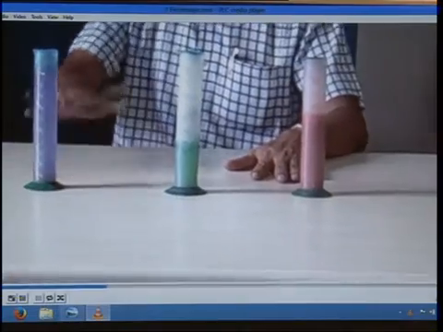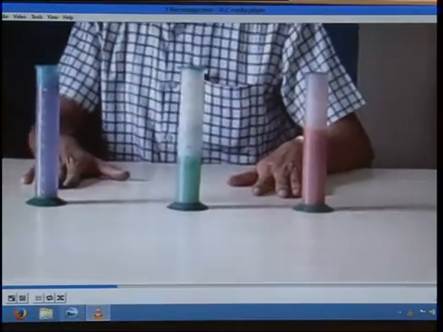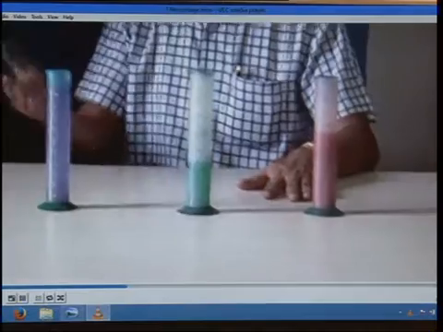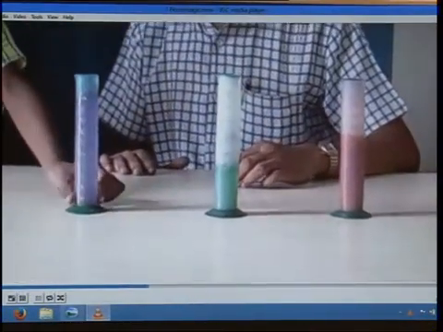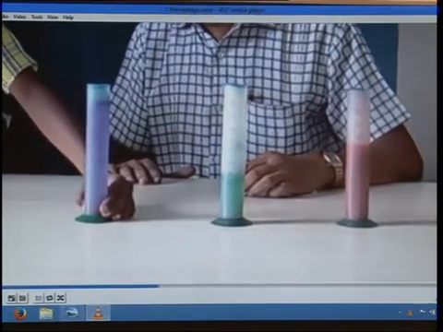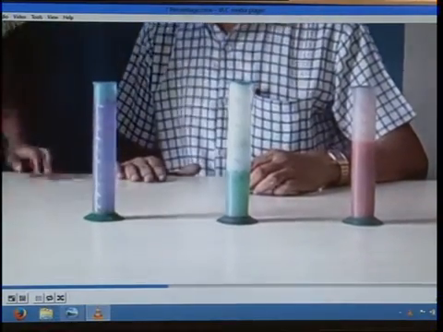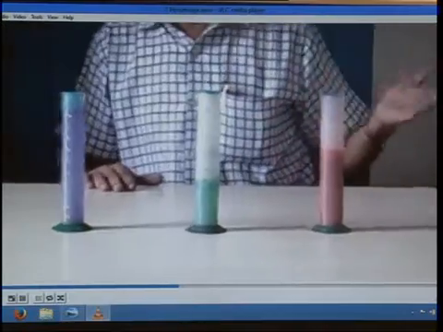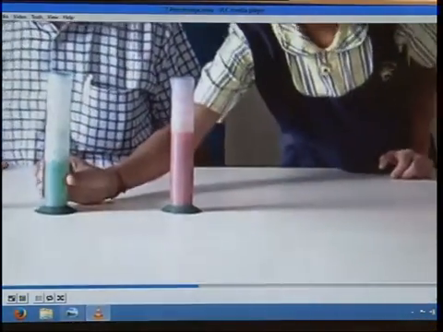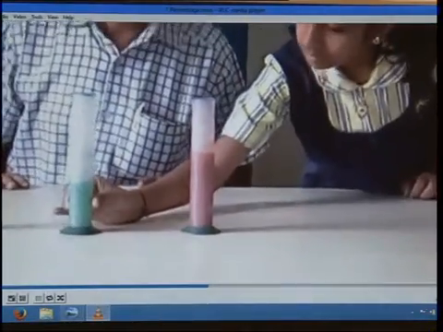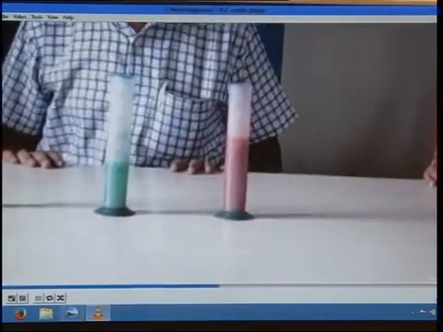In the first measuring cylinder, the water is 100 units out of 100 units, while in the second measuring cylinder, there are 40 units of water filled. In the third, there are 70 units of water out of 100 units.